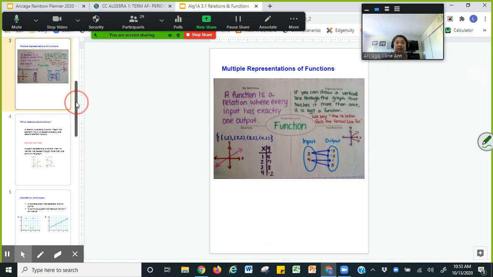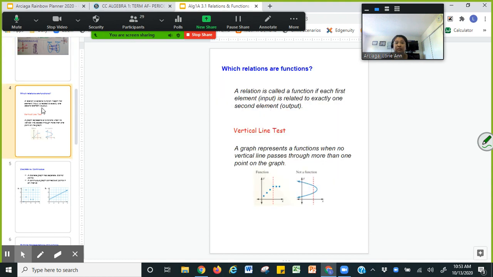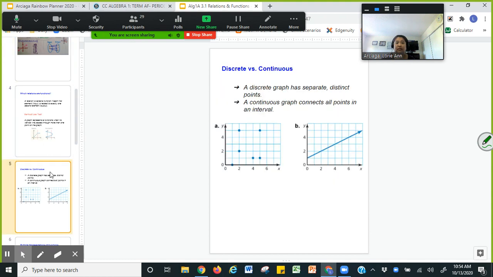So last but not the least, I'm going to skip this one because I already talked to you about that. Let's do this. When you copy this graph, write down the title, discrete versus continuous. You don't have to copy the lines.